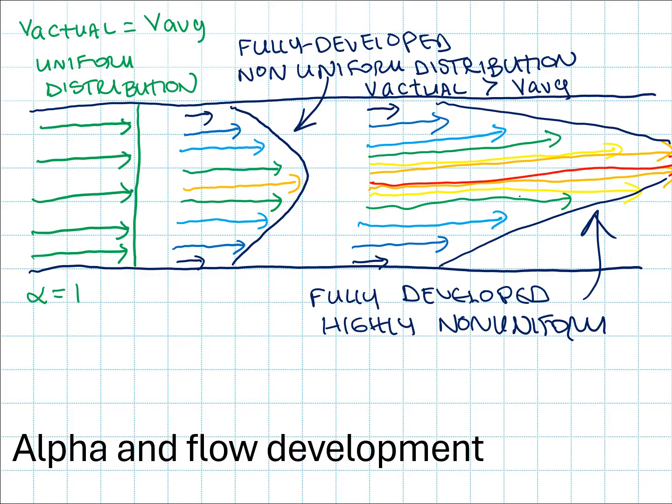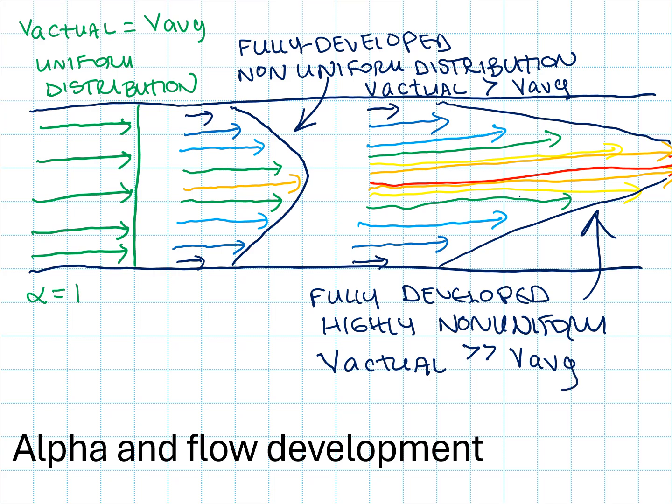So this profile is also a fully developed non-uniform distribution, but this time it's more strongly non-uniform. So I've written that it's highly non-uniform. So in this case, my actual velocity is going to wind up being even more strongly greater than my average velocity.